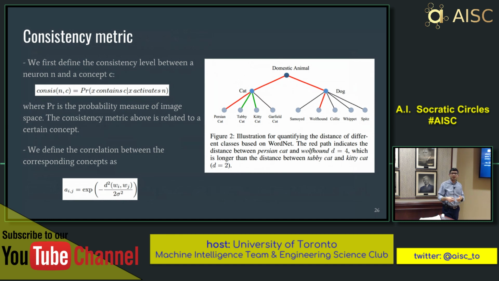Yes. So let's say I have a class of Persian cat and a class of dog. Word I is Persian cat and word J is dog. I go to that graph from WordNet and find a distance, defined by D here. D is the distance in the WordNet structure. It's not computed from different vectors.